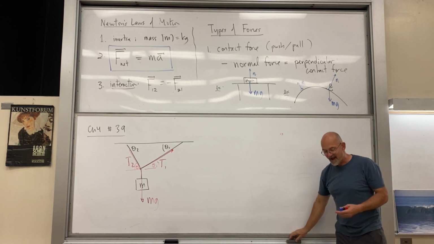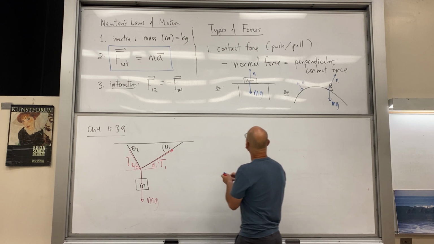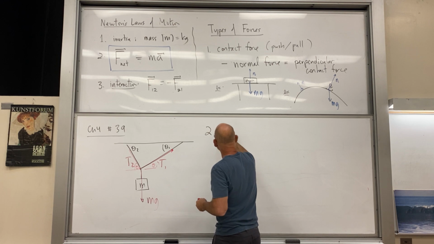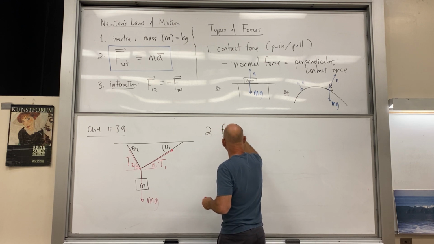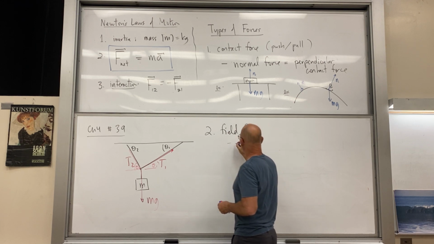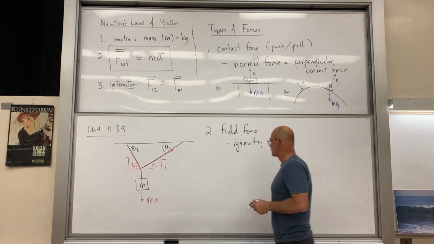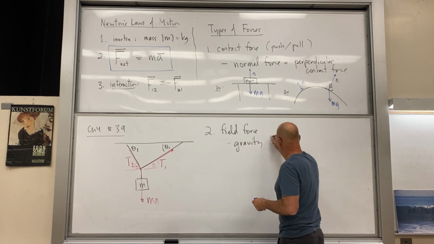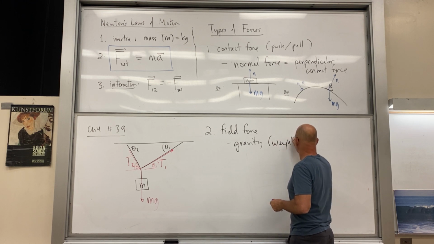Sometimes we talk about a gravitational field. So under here, 2, field force. And an example would be gravity, since weight is due to the force of gravity, we have weight.